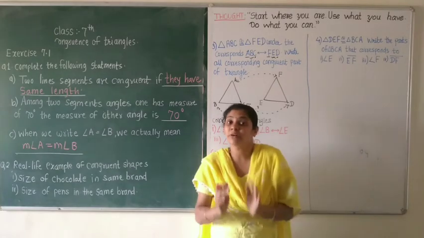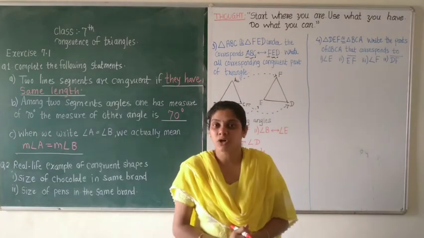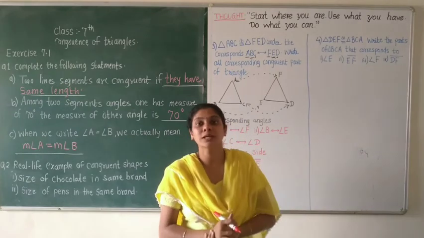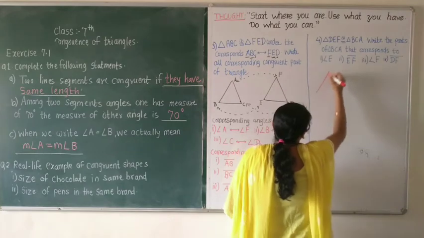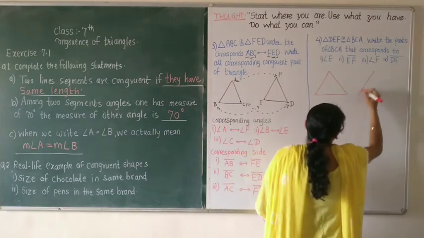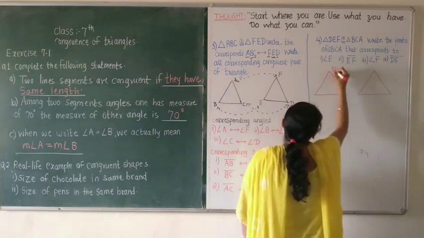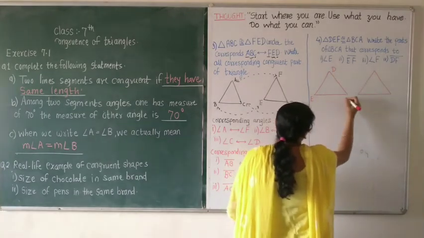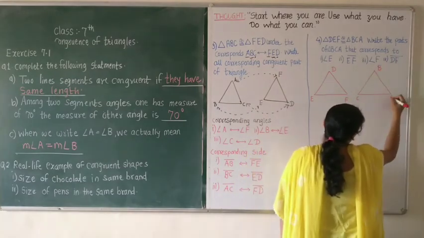So what is our first step while solving such problems? Yes, we have to draw 2 triangles and give their names as per our question. So we will draw here 2 triangles. Here we will write D, E, F, and here we will write B, C, A.